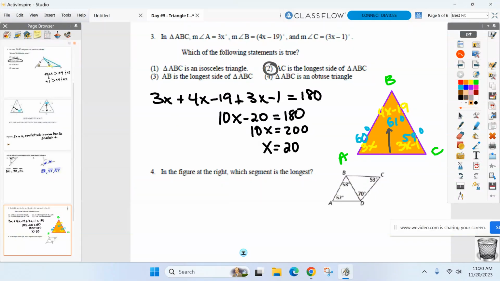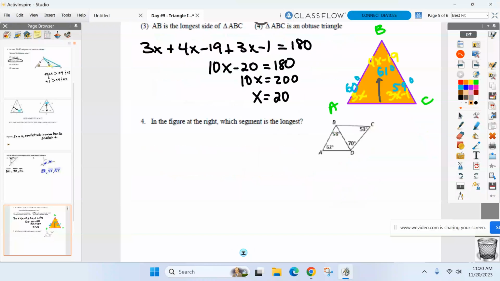All right, final thing now. Using this theorem in a diagram that's got multiple triangles. So at this figure, which segment is the longest? I can't answer that unless I know every angle, right? So let's find the missing angles.